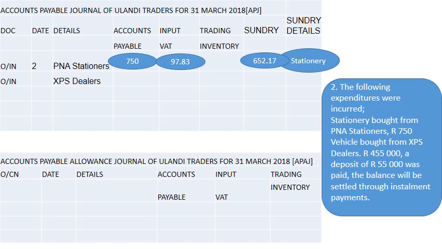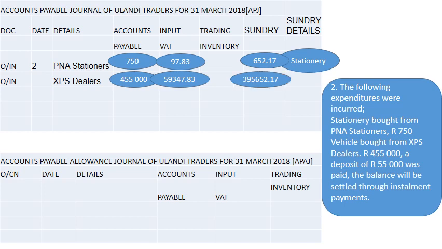We will show the original invoice under the source document, dated the 2nd, name of the creditor, XPS dealers, the total amount including VAT, 455,000 rand, calculate VAT on the inclusive amount, which is 59,347.83.